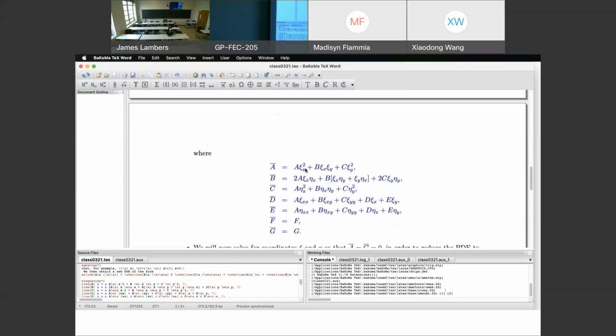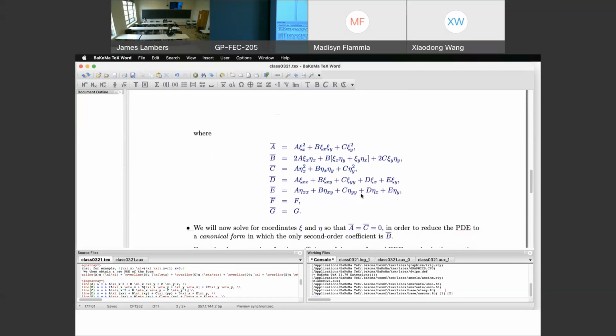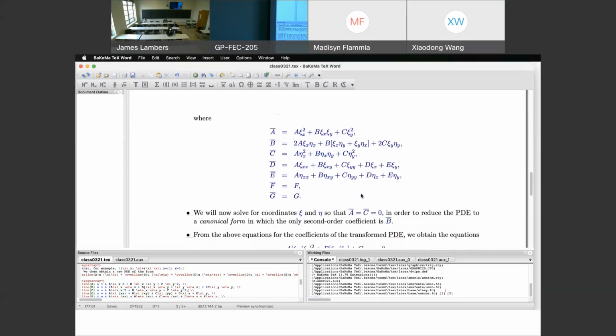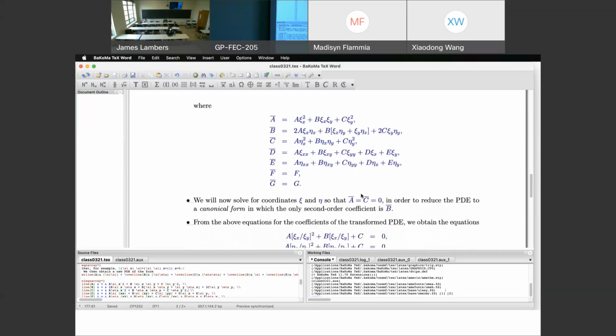So that means what we're going to need to do is set both of these equal to 0 and see if some solution is possible. If we can do that, the result will be what's called a canonical form. There's more than one possible canonical form. The one we're aiming for here is where we only have a term u with respect to xi and eta.